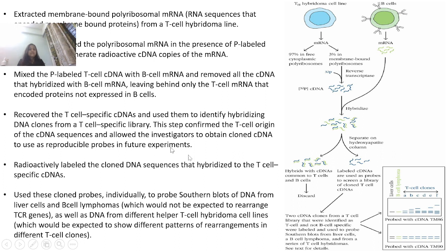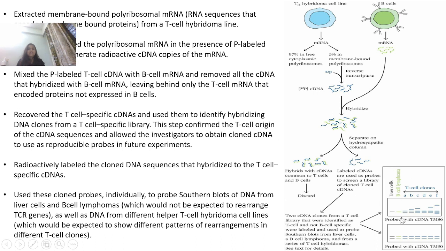Here you can see they took two types of cDNA, TM86 and TM90. These are the two types of cDNA which they probed. Probing means you are hybridizing the other DNA with this cDNA and seeing whether it is unique to that particular type of cell or not.